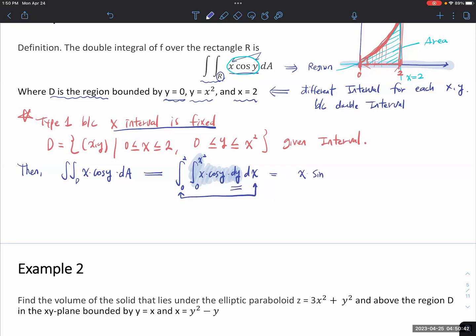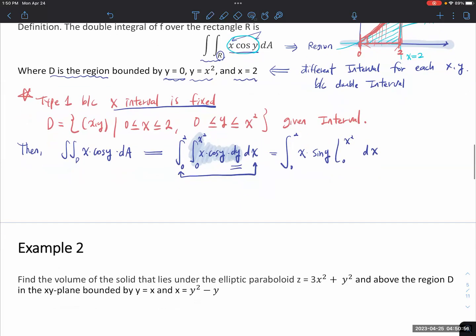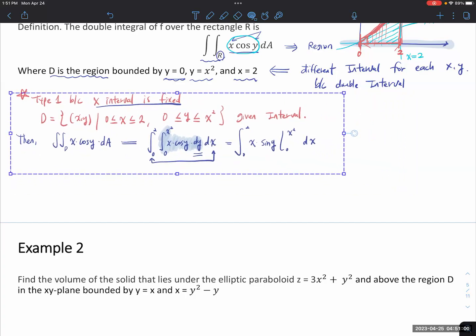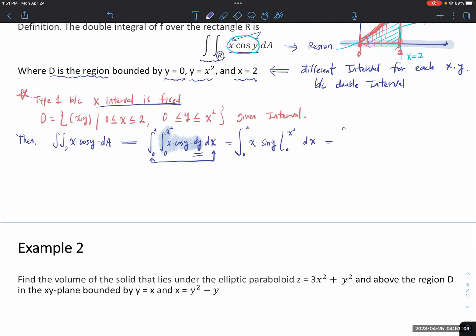So if you go back to the integral table, that's going to be from 0 to x squared, and we have another 0 to 2 at the end, dx. Are you following? So we're going to keep on going. I'm going to make it smaller. The outside is still there, but inside, you're going to plug in x squared into the y, because this is still with respect to the y variable.